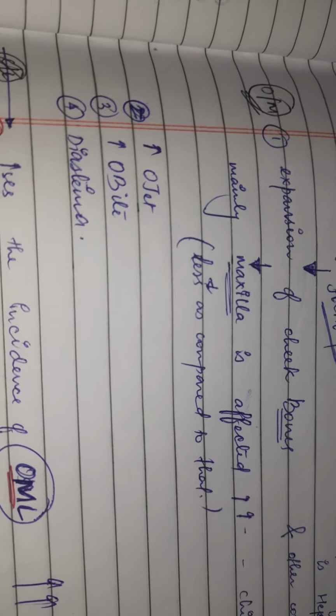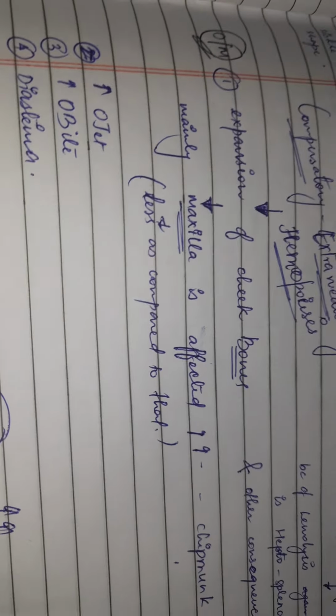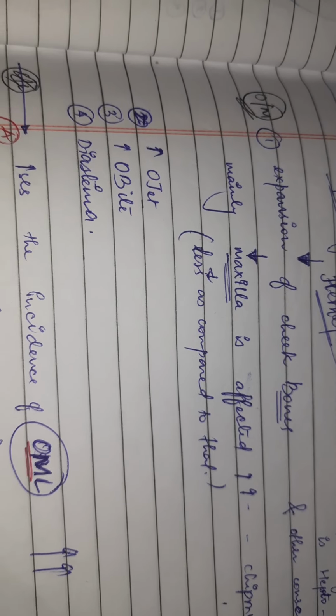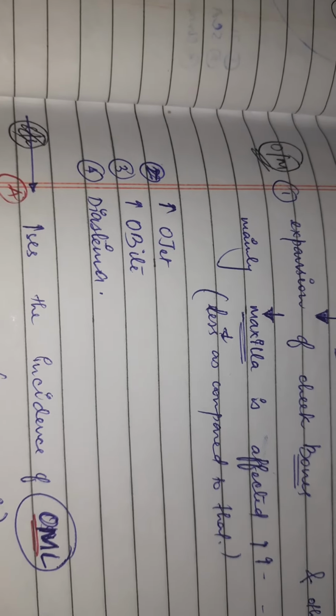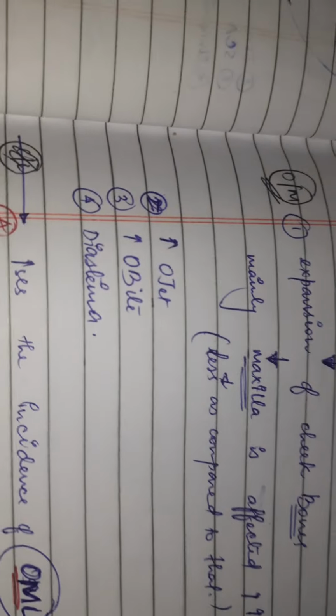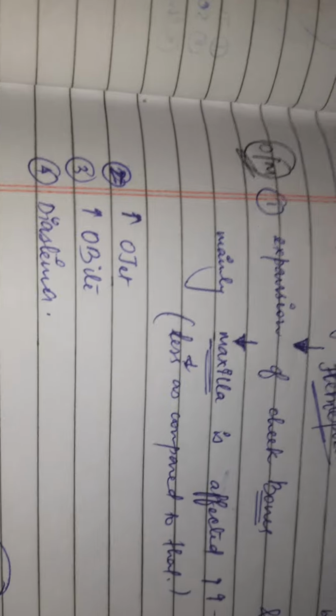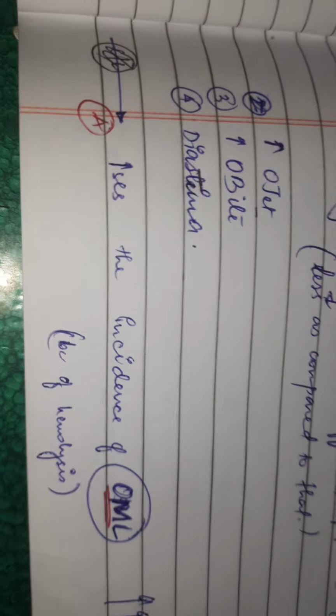Second is increased overjet, increased overbite, and diastema. Diastema means the gap between two incisors. You all know.